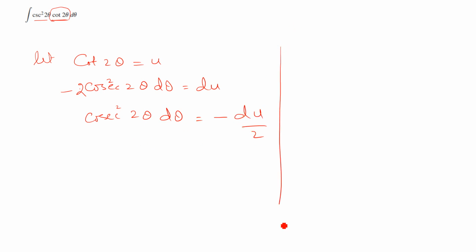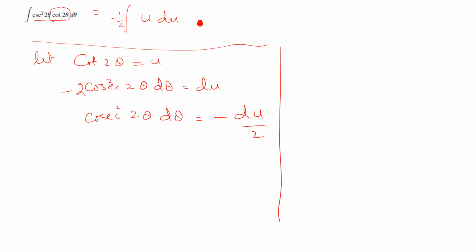And now by plugging in these values, this integral becomes: cotangent 2 theta is u, so we have u. Cosecant square 2 theta d theta is minus du over 2, and this is constant, so we are left with u du.